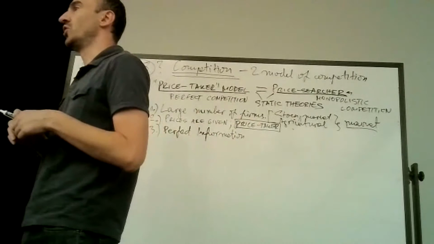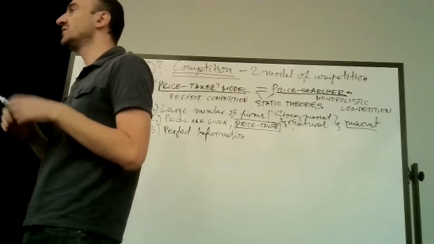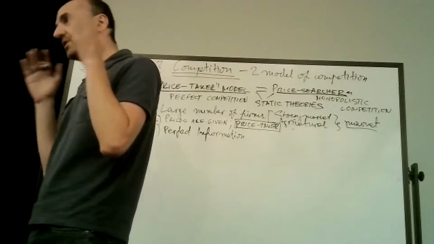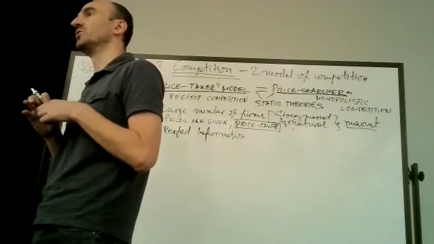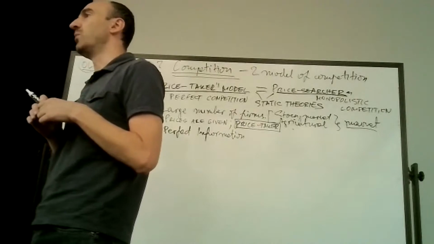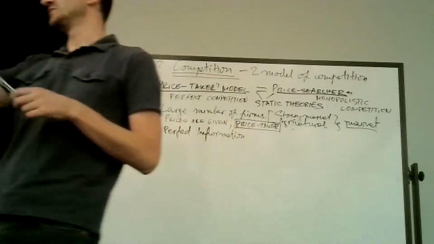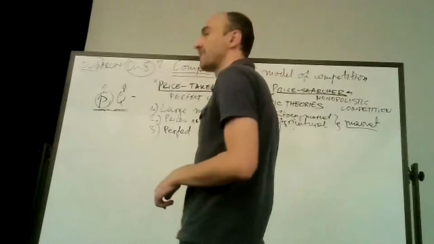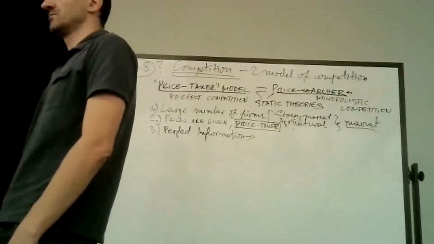Buyers and sellers know about the existence of each other. It doesn't mean that everybody is perfectly rational. It means that the market is very well informed, that people will know about the existence of buyers if they want to sell, and that the sellers will know about the existence of buyers. So that's perfect information. So I can say no information barriers.